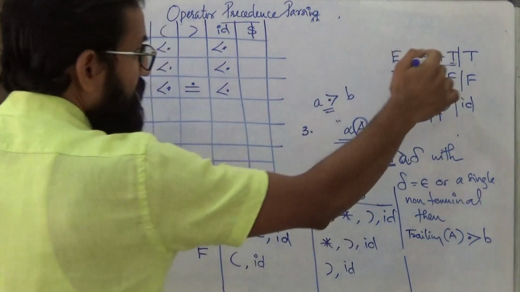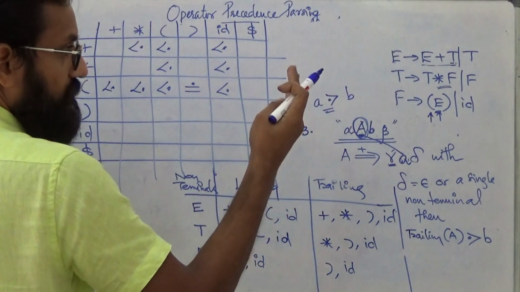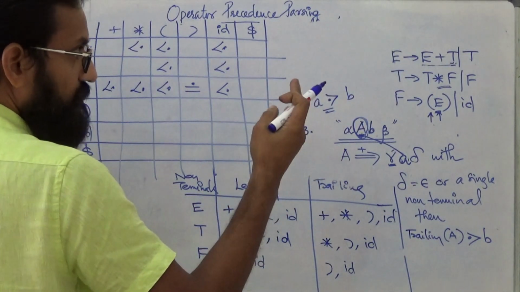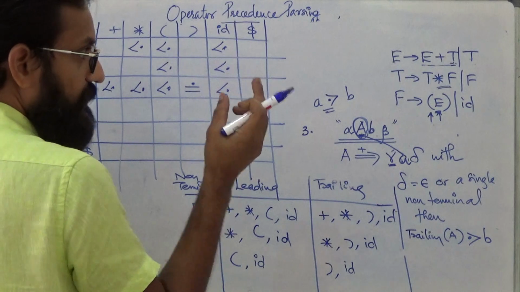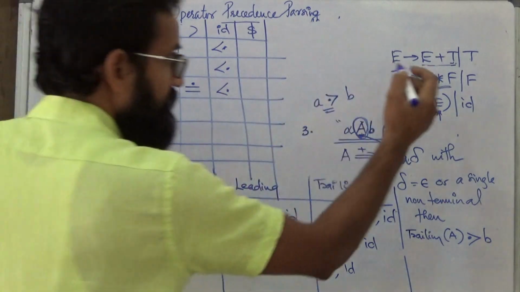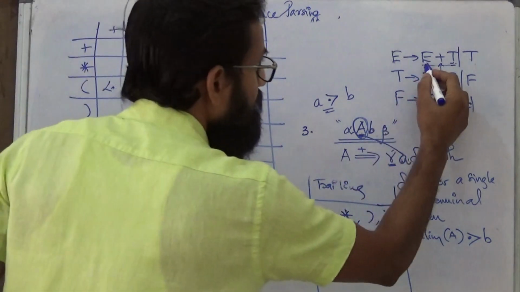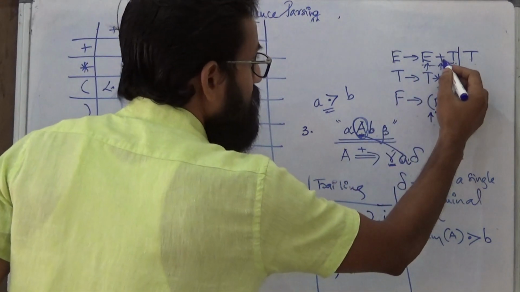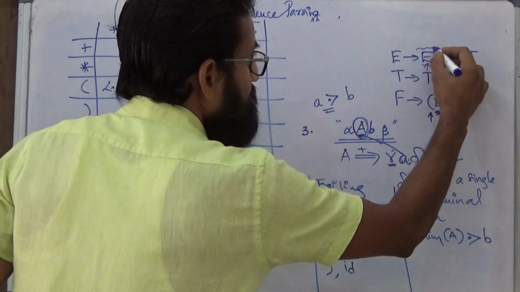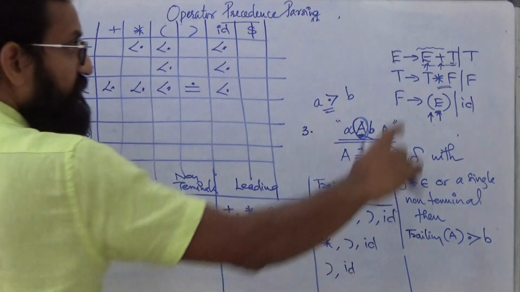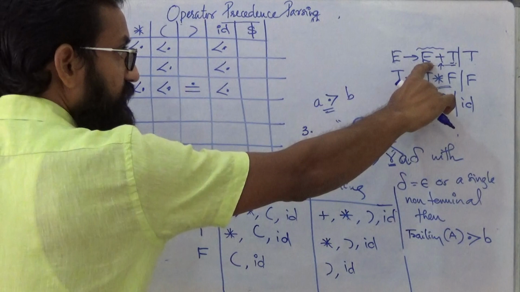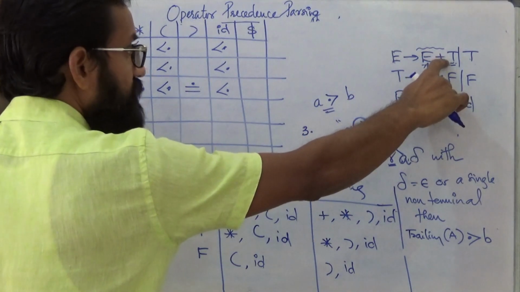So you can identify a right hand side that's having a substring, a non-terminal immediately followed by a terminal symbol. So you are having E plus. How will you establish the precedence relationship? Everything in trailing of E will have greater precedence as compared to plus.